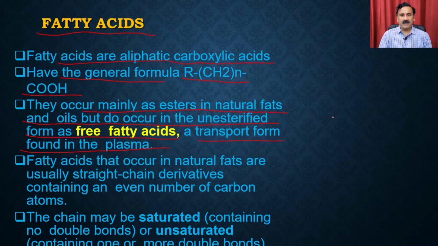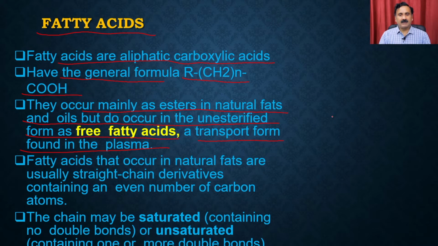When we take food, the food contains complex lipid molecules, and that complex lipid is digested by lipase, and the lipase enzyme degrades the fat into free fatty acids. These fatty acids are then absorbed from the alimentary canal, and that's how they are transported into the plasma.